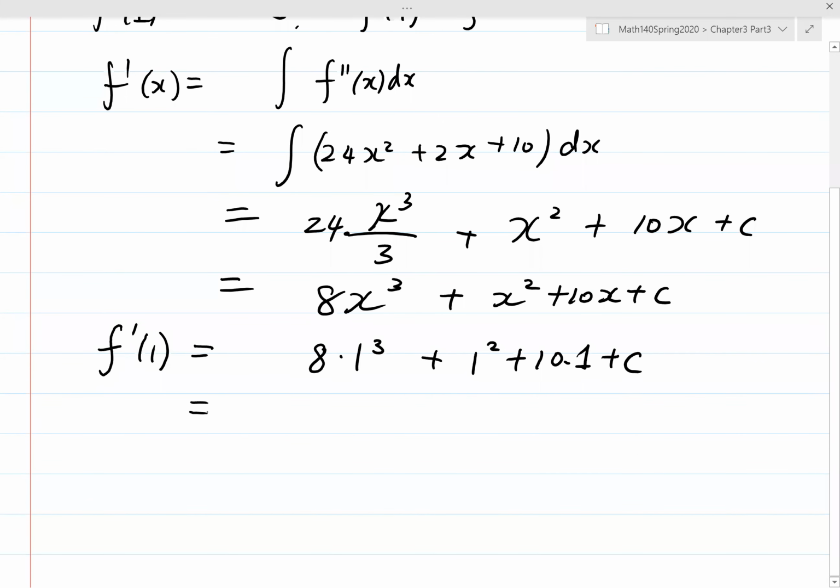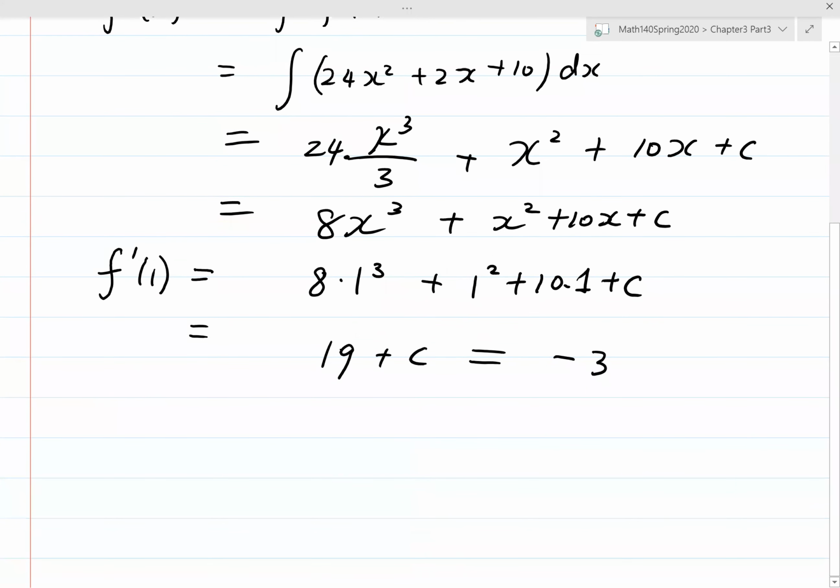Then what we get is 8 plus 1 plus 10, so it's 19, plus c. Now we know this is given by -3. So we can solve for c. C should be -3 minus 19, so we get -22.